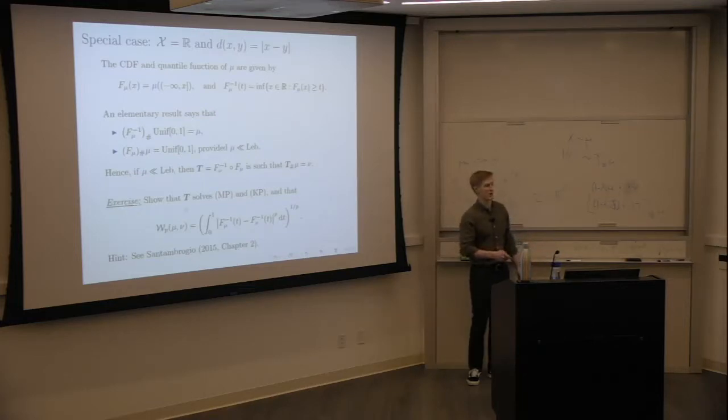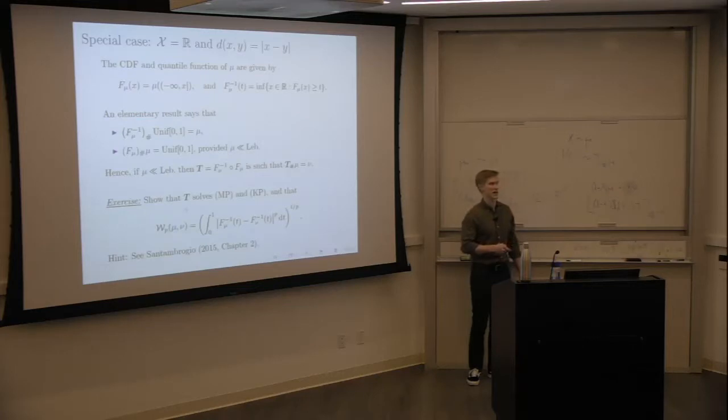And then we apply the quantile function of nu to that uniform random variable, which by this property is then distributed as nu, right? So this gives us a transport map between mu and nu.